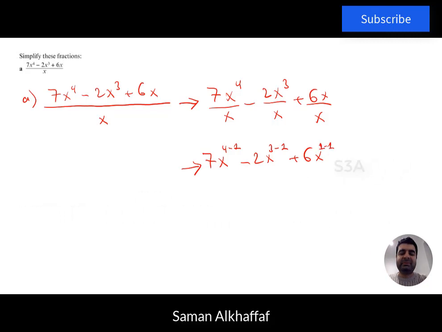So in this scenario we can rewrite this as 7x to the power of 3 minus 2x to the power 2 plus 6, and this will be our answer for simplifying this expression.